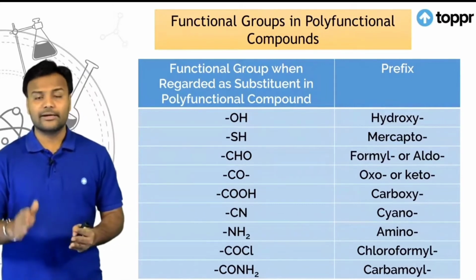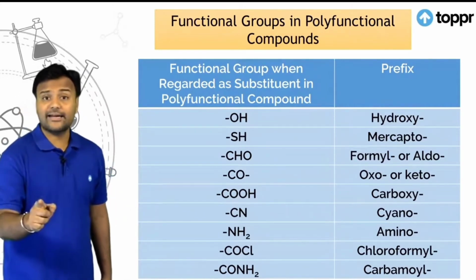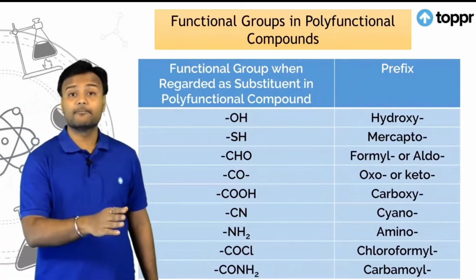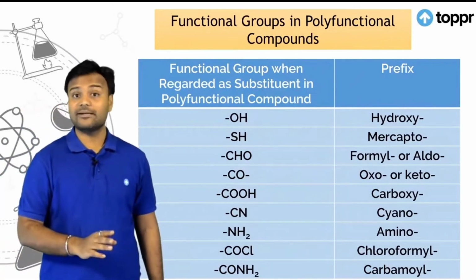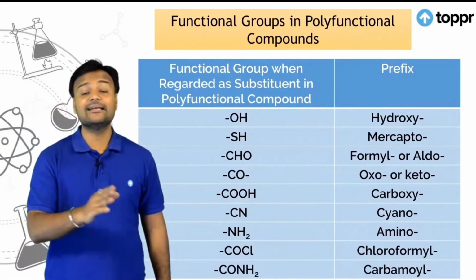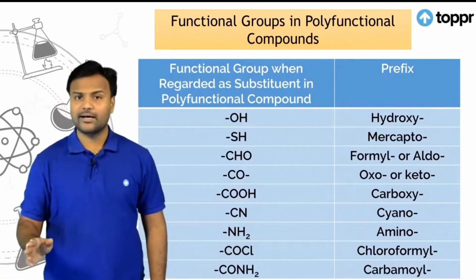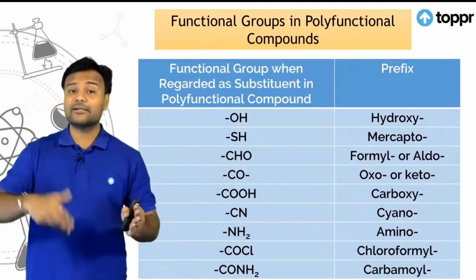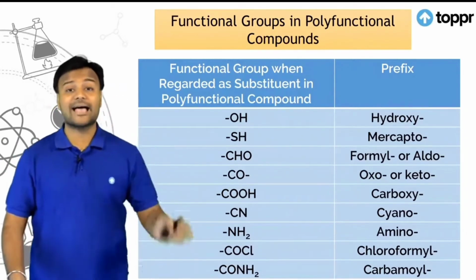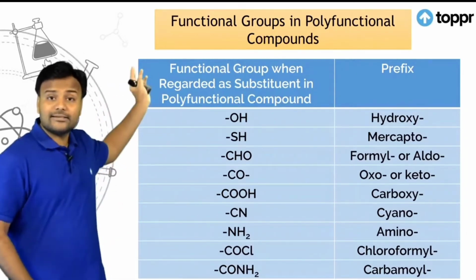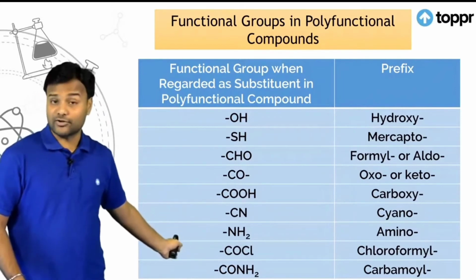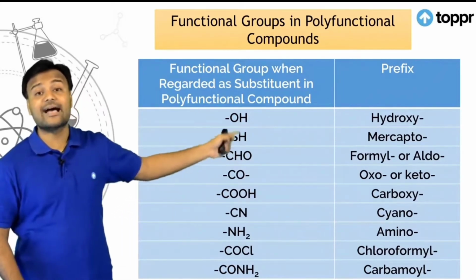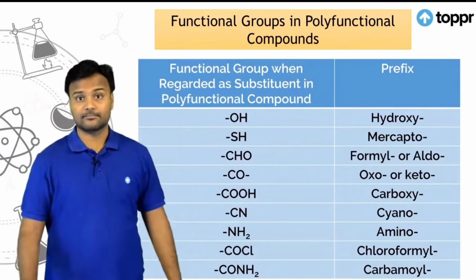If it is NH2, it is amine. But if this NH2 acts as your substituent, that means prefix, then it is amino. Clear? CN, that is nitrile as a secondary suffix. But in the presence of another principal functional group, this acts as cyano. So these are the functional groups when they act as substituents or prefixes.